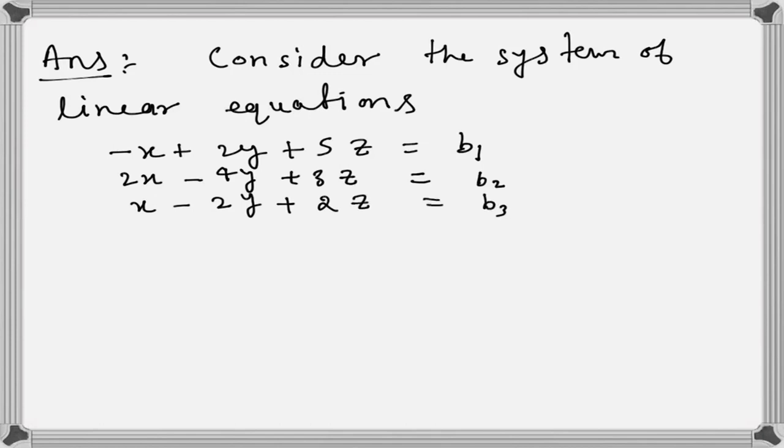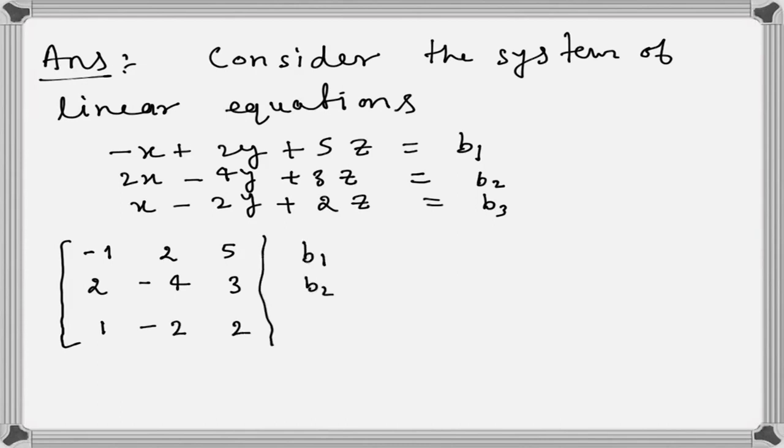Write the augmented matrix for this system, which is nothing but minus 1, 2, 5, 2, minus 4, 3, 1, minus 2, 2, with b1, b2, b3.